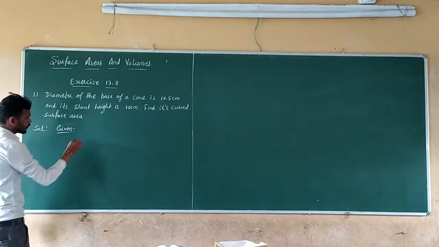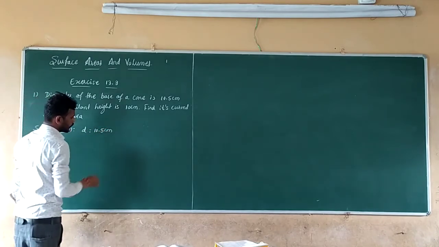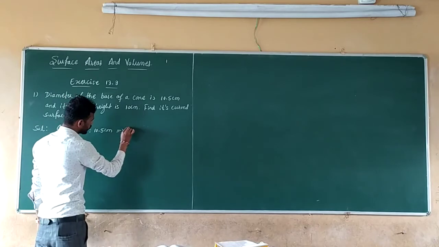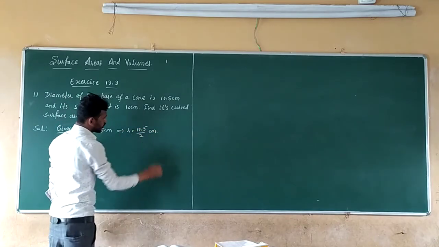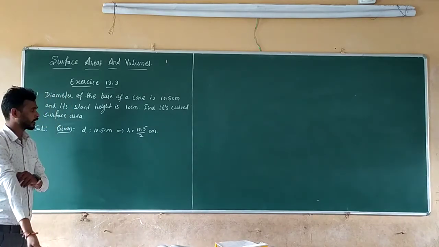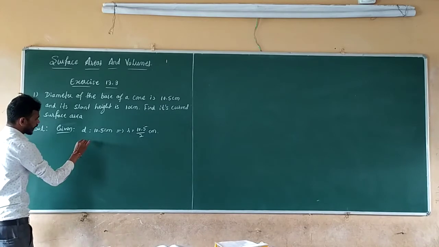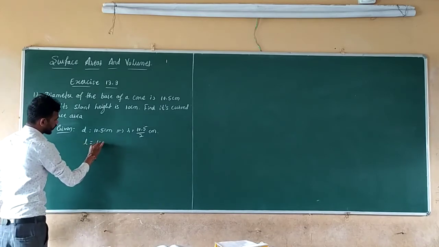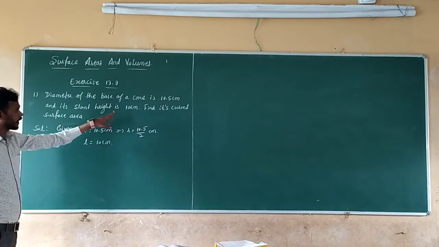Diameter D equals 10.5 centimeter. Then radius will become 10.5 divided by 2 centimeter. So just keep it like that only, it will become easy to calculate. Next, slant height L equals 10 centimeter.